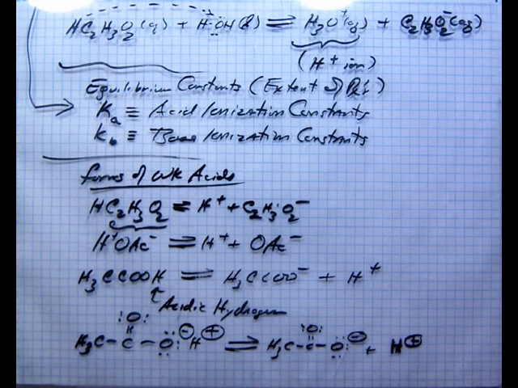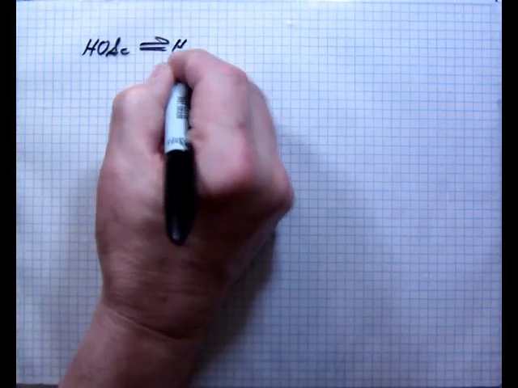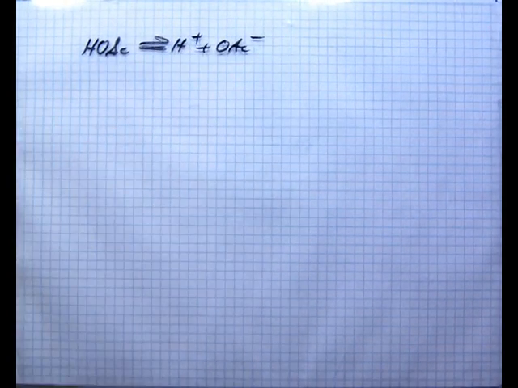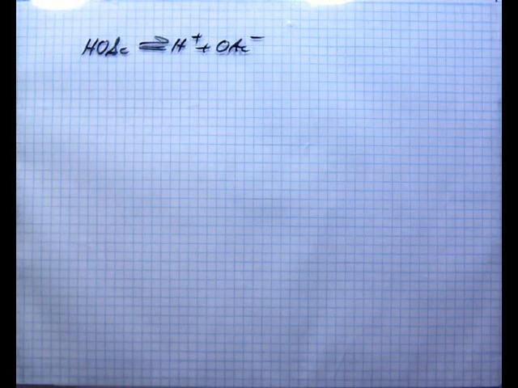Now these are, again, just examples to show you what will show up in the literature. As I go through the material in this, I will be using those probably more than any of the other two in explaining how all this stuff works. If we have HOAc, for example, in an equilibrium of H plus plus OAc minus, these represent molar concentrations. And since it is in an equilibrium, you will find all three in solution.